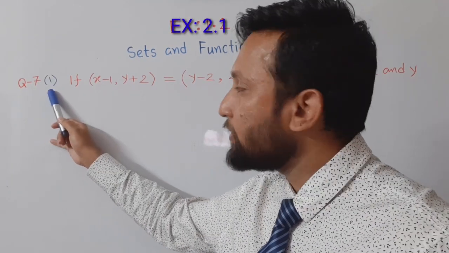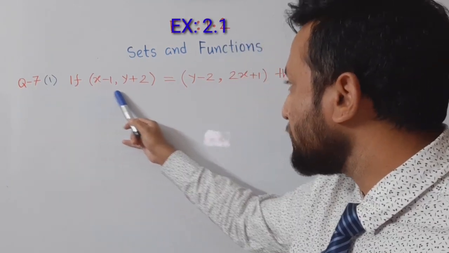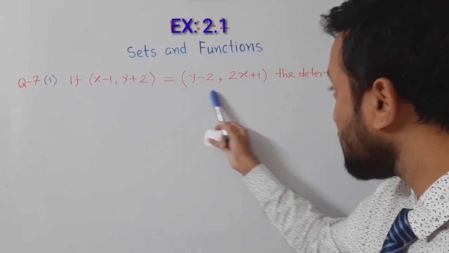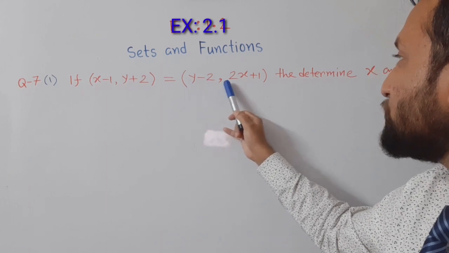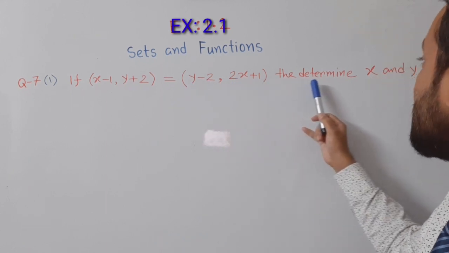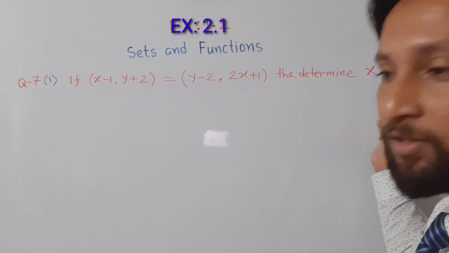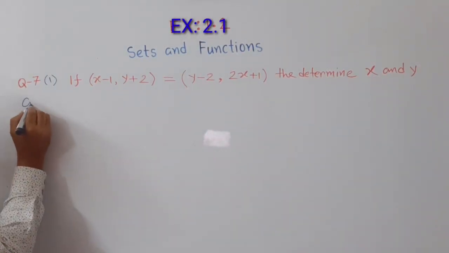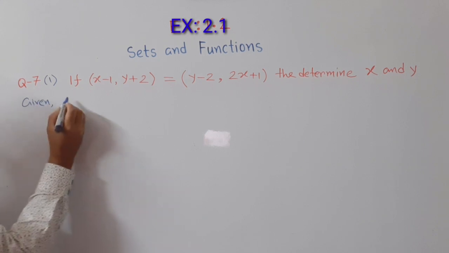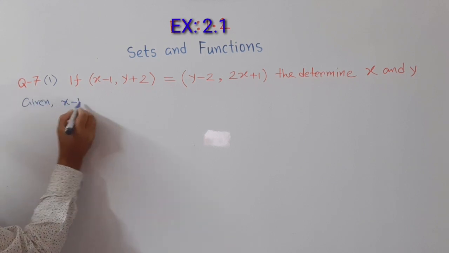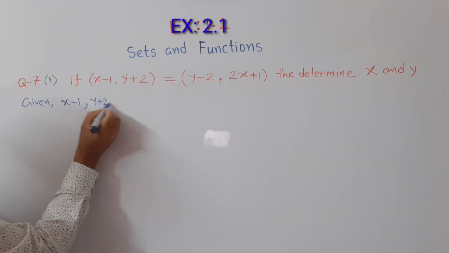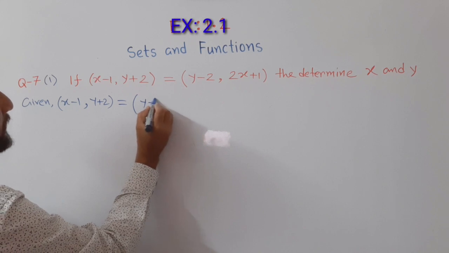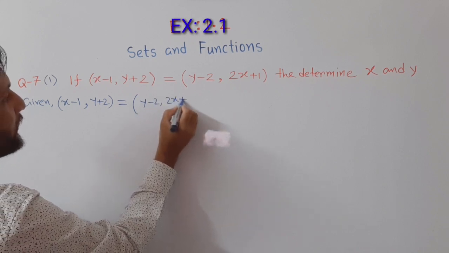Now question 7. The question is, if the ordered pair (x minus 1, y plus 2) equals another ordered pair (y minus 2, 2x plus 1), then determine the value of x and y. So at first write down the given: the first ordered pair (x minus 1, y plus 2) equal to the second ordered pair (y minus 2, 2x plus 1).